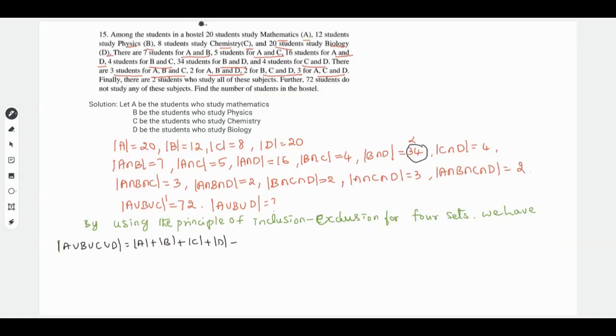Then you take two elements in cyclic order. A intersection B, it will be negative. Two elements will be negative. B and C, C and D, then D and A.